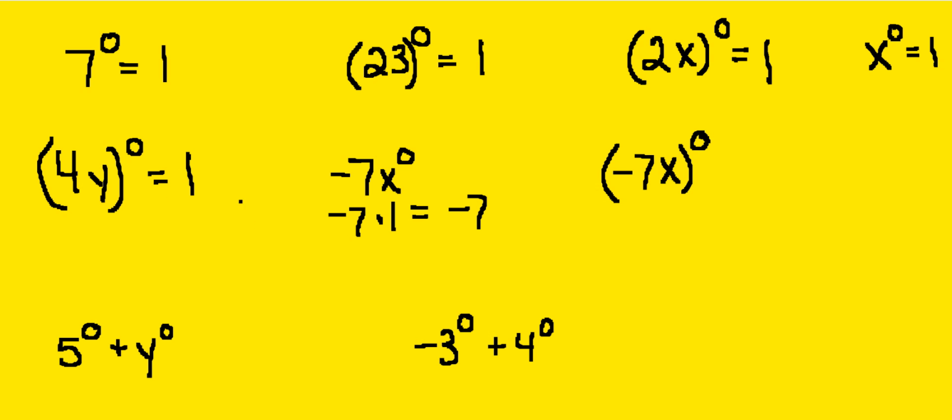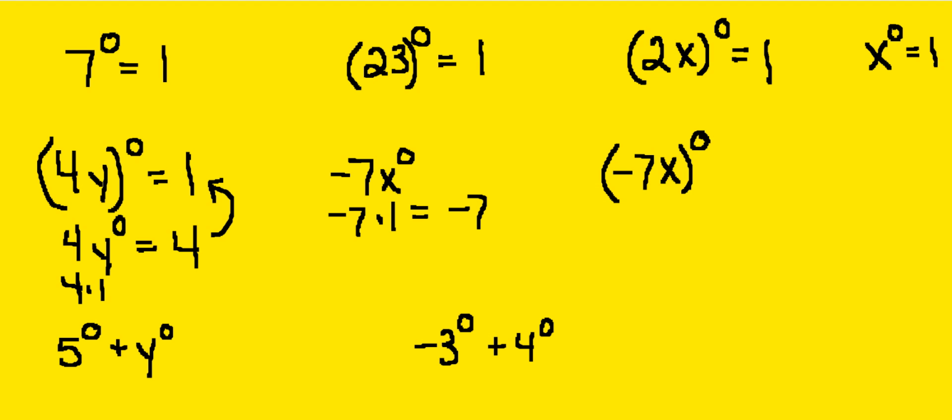Just like this 4, if I go back to this 4, and if I wrote this up without the parentheses as 4y to the 0, then notice how my answer would change. My answer would be 4, this y to the 0 is 1, times 4. So this answer would become 4. Not 1 like this one with the use of parentheses.